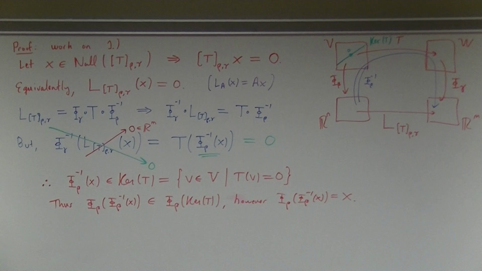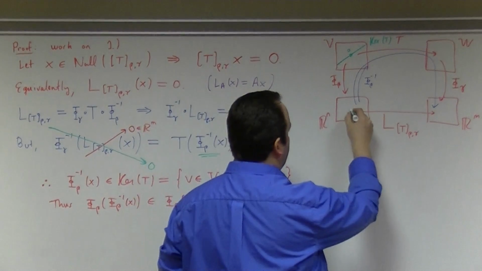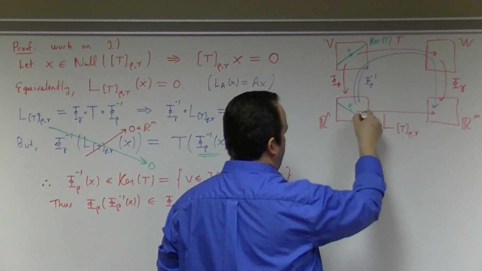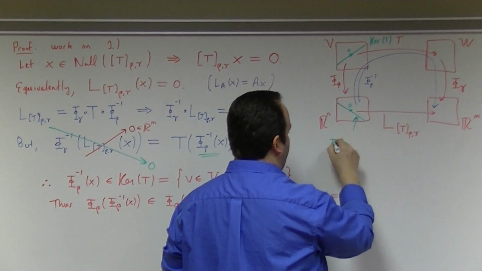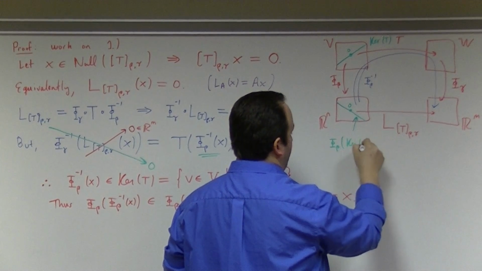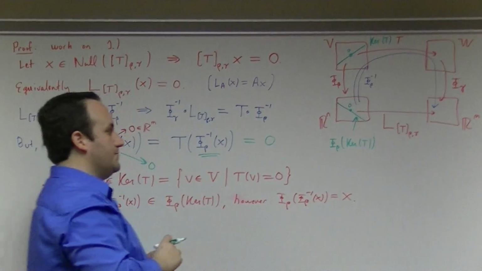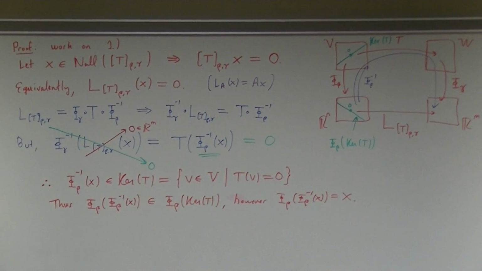So in particular, the coordinate mapping phi beta is a linear transformation from V to Rn. So it maps this subspace, the kernel of T, to a new subspace down here, suppose this is 0. This is the image under phi beta of the kernel of T, right? So it maps the kernel down to this other thing. That other thing in Rn is precisely the null space of the matrix. It's kind of what you'd expect, right?